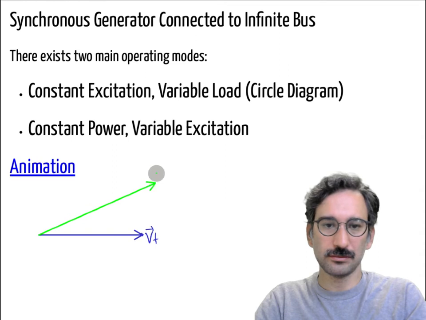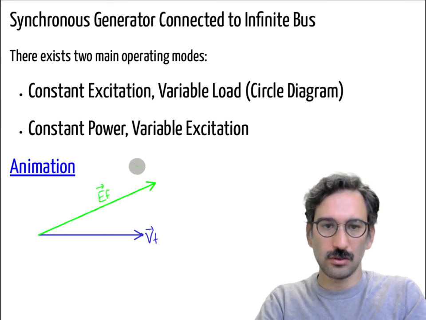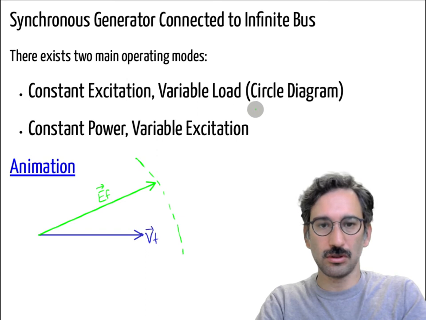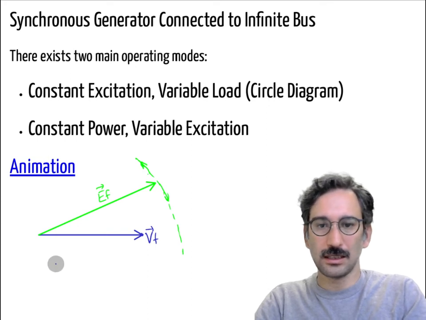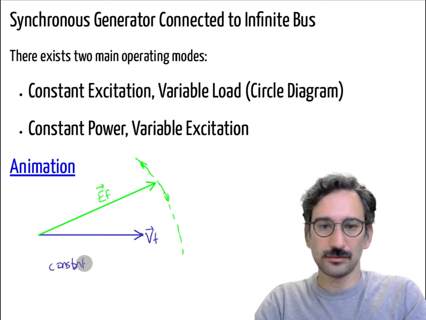If it is working in constant excitation mode, that means its magnitude is going to be constant, so it will only move along that circle diagram. It will move up and down here. So this is the constant excitation.